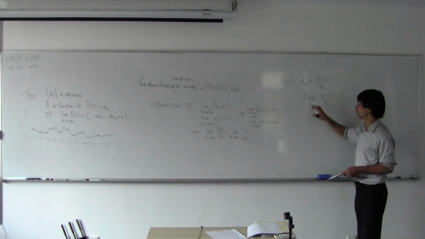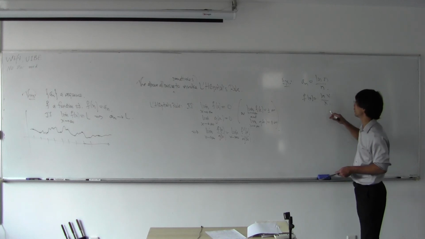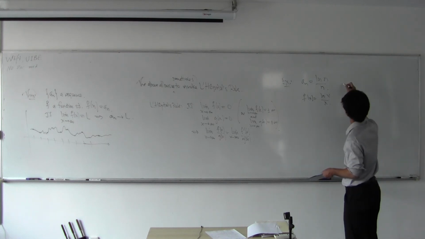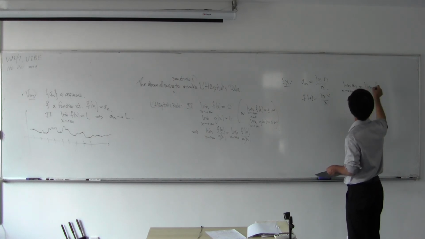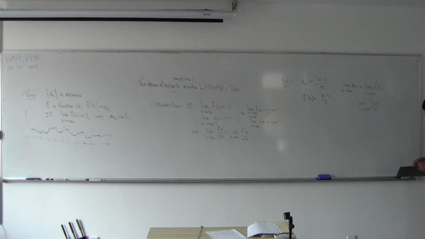Then the limit of a sub n as n goes to infinity is the same thing as the limit of natural log of x over x as x goes to infinity.